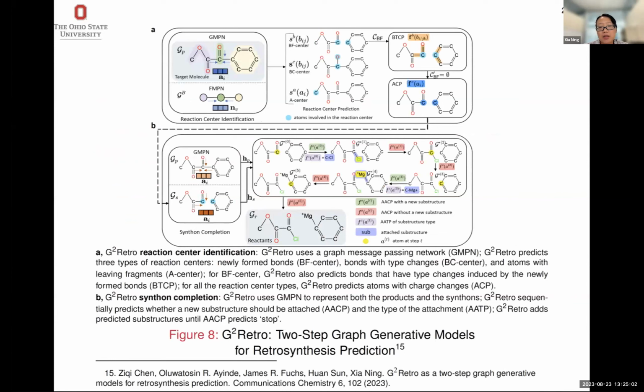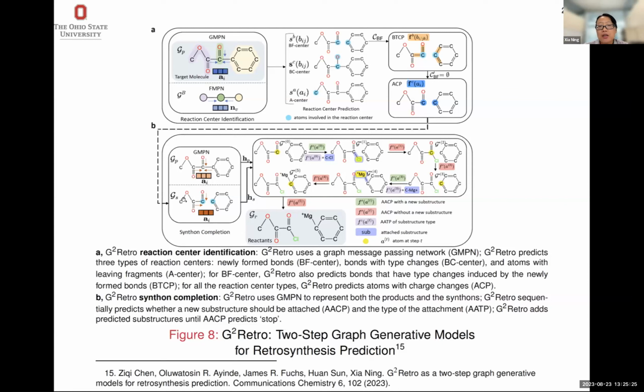So we developed this G2Retro method to generate the reactants of any given molecule. And this method has two phases. The first one is to decide the reaction center, that is, in the given product molecule, where to break this molecule into two pieces. Each piece is called a synthon.